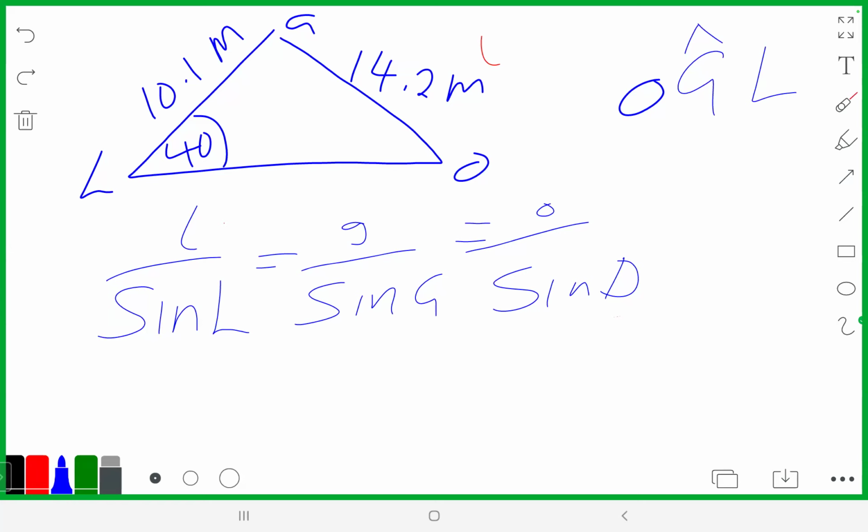No. We don't have side G, right? Is side G important? By important, we mean, is it the one that is being asked in the question?